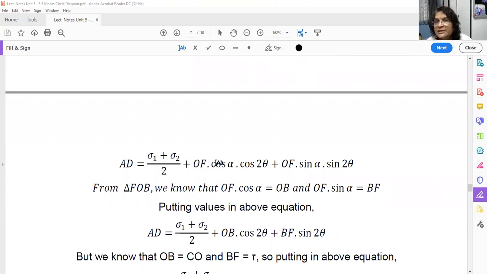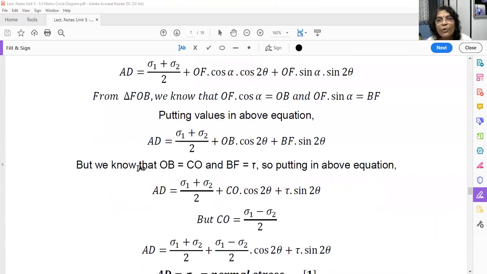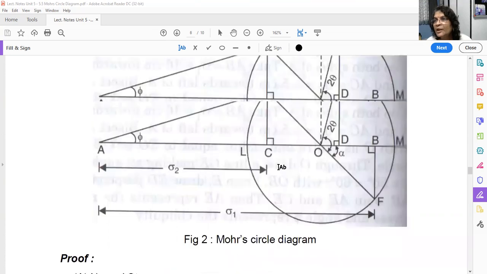So replacing OF cos alpha by OB and OF sin alpha by BF, this cos 2 theta as it is, this sin 2 theta as it is, and (sigma 1 plus sigma 2) by 2 as it is. Now this OB and BF, what are they? Look here. What is this OB?